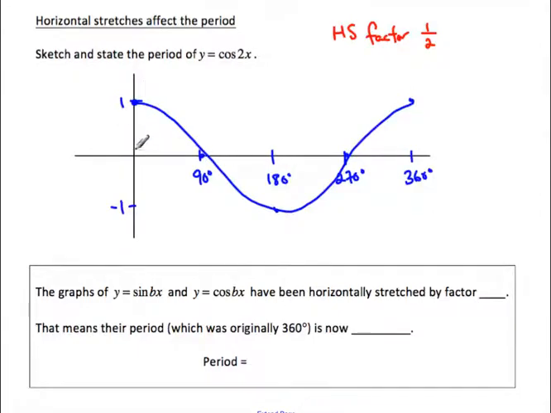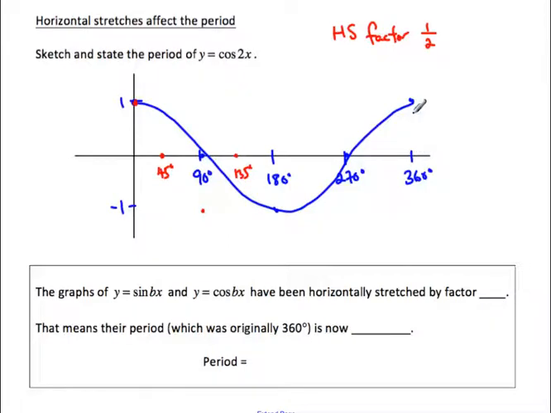So going point by point, the point 0, 1 is already on the y-axis, so it's going to stay there. The point 90, 0 is going to move halfway in to 45, 0. The point 180, negative 1 is going to move to 90, negative 1. The point 270, 0 is going to move halfway in to 135, 0.